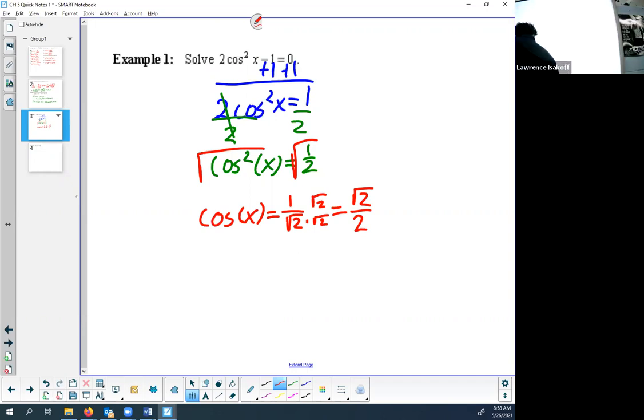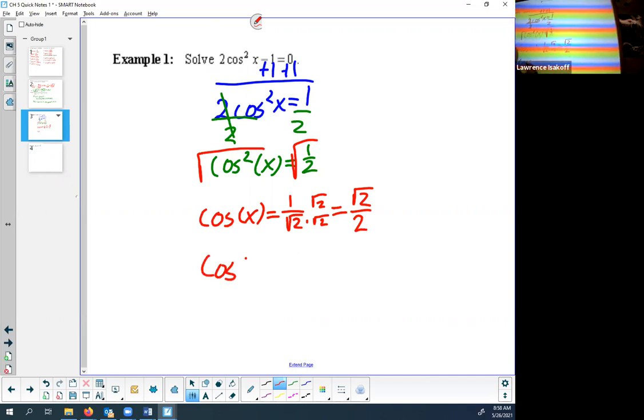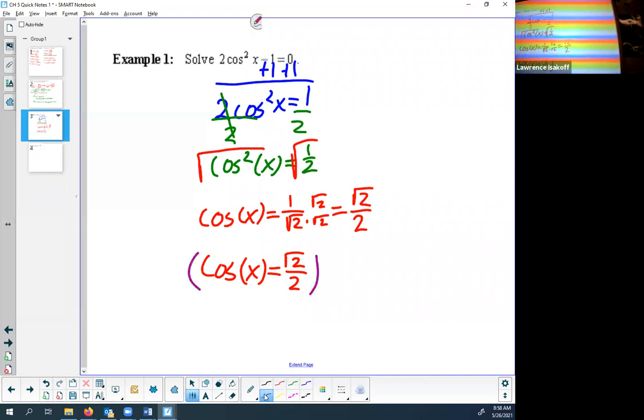We recognize that. By saying the cosine of x is equal to root 2 over 2, we can do the arc cosine of everything.